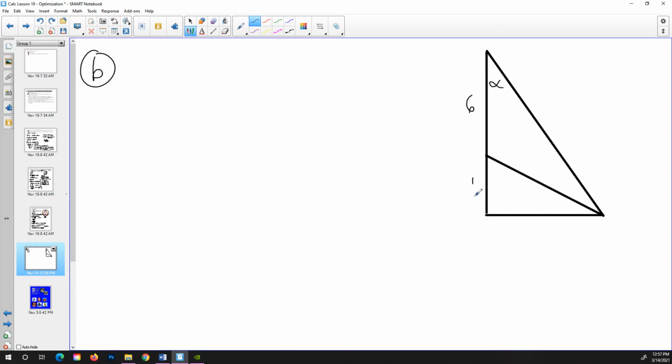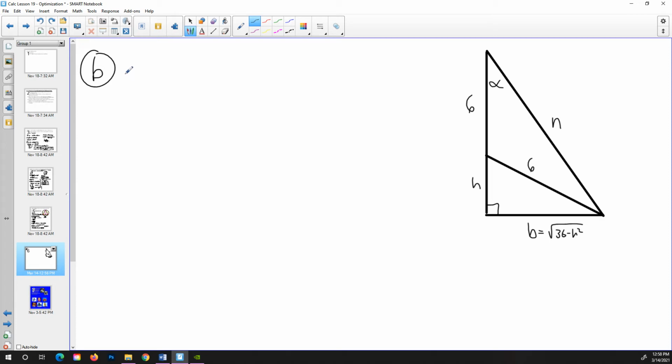This was 6. This was h. This was b. This is also 6. And we can rewrite this b as the square root of 36 minus h squared. We're going to throw in an n here for this right triangle. Now, n is going to be the hypotenuse of a right triangle that has one side, 6 plus h, and then the other side will be the square root of 36 minus h squared.